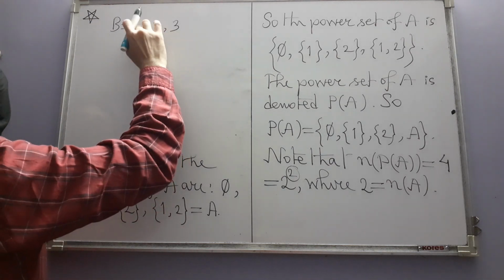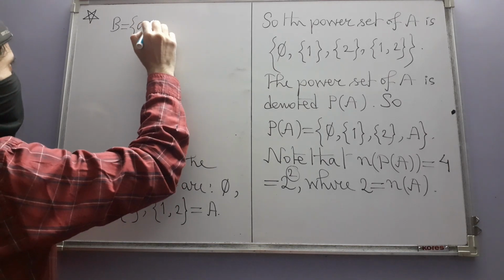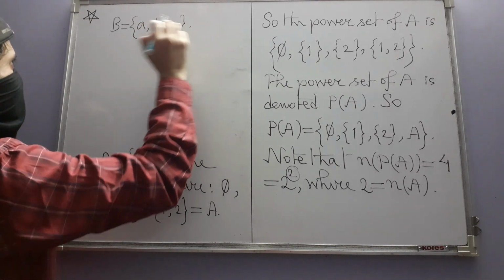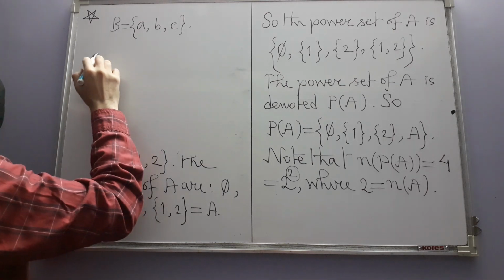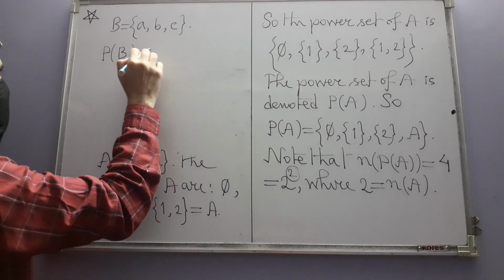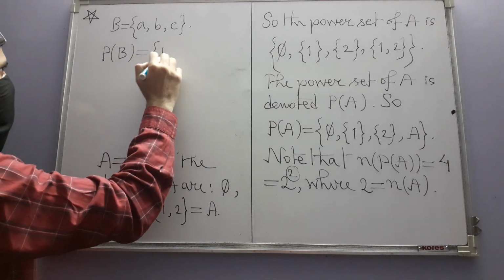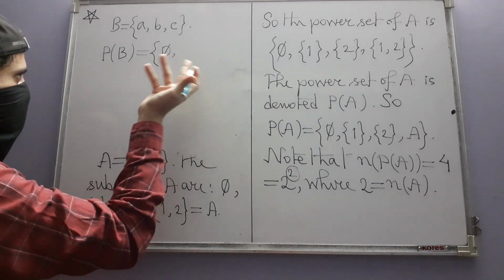Of course, you need not always take natural numbers. Let us instead take English letters a, b and c. Now we are going to straight away write the power set. Okay, power set of B. The empty set you write first. There is no need to write it first, but we do so.